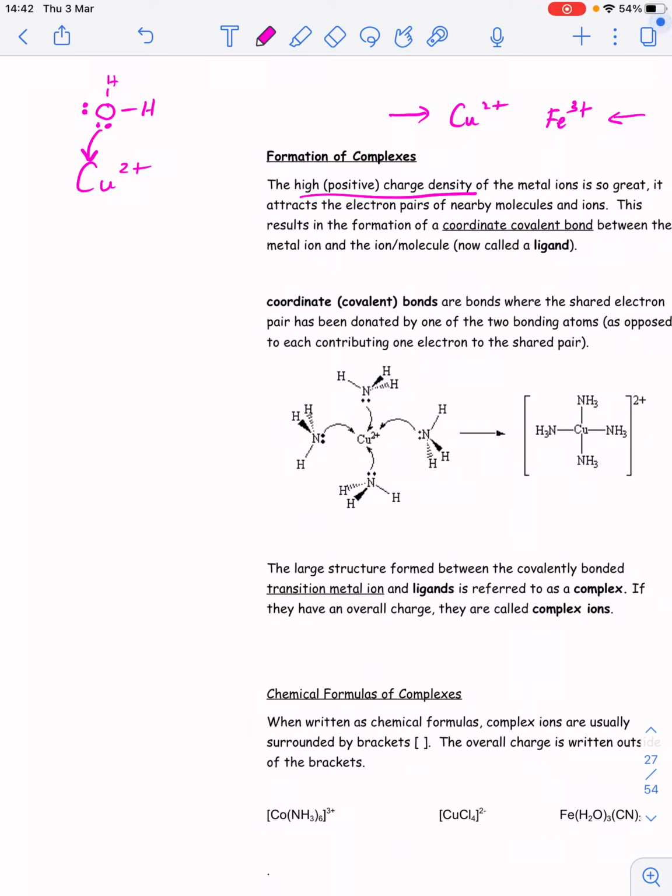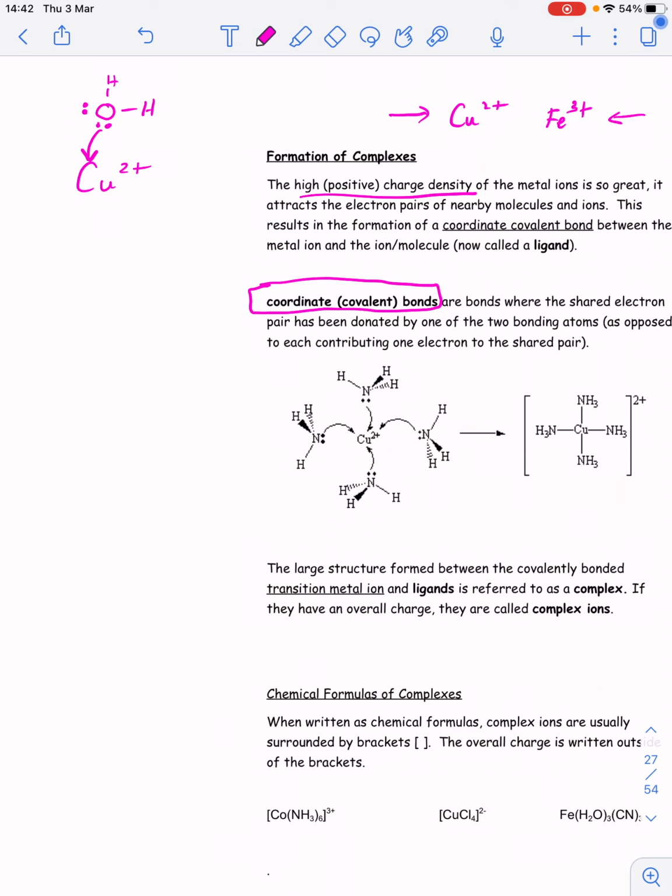So it goes beyond just the partial negative aligning and attracting to the metal ion, and now we're actually forming a covalent bond. And when a covalent bond is formed where both of the electrons come from one of the atoms, we call that a coordinate covalent bond.